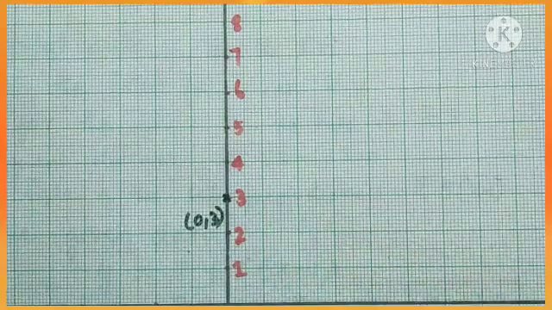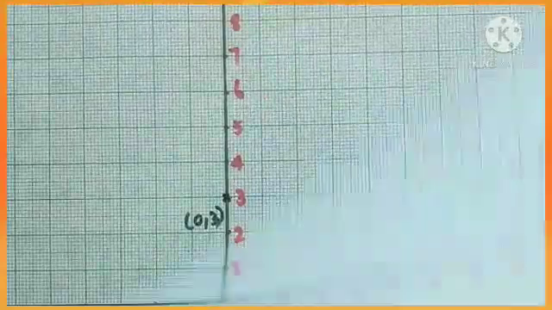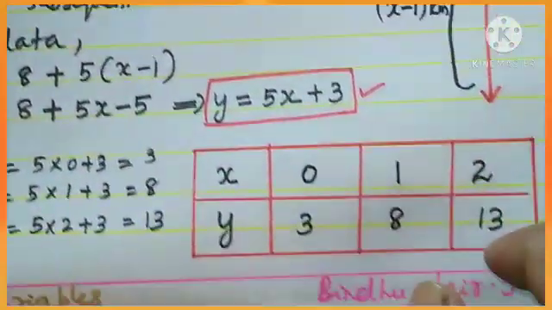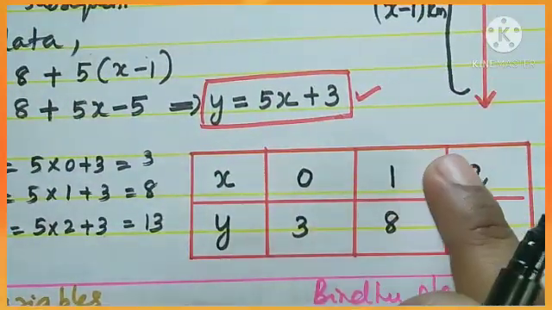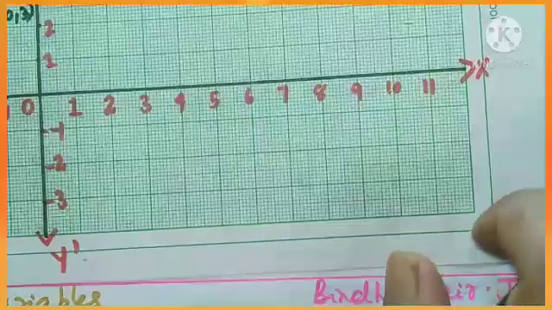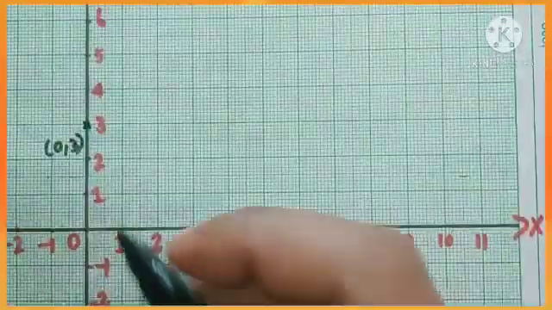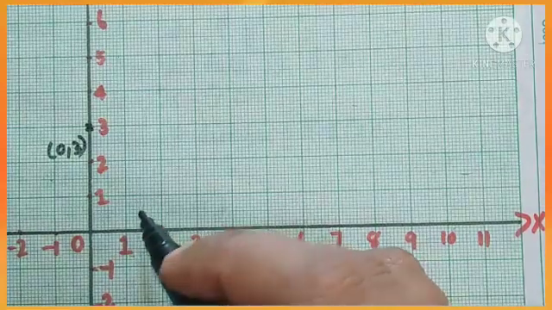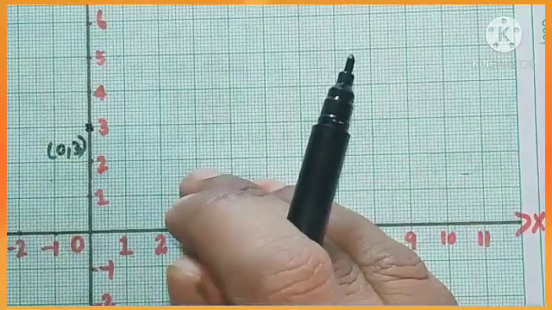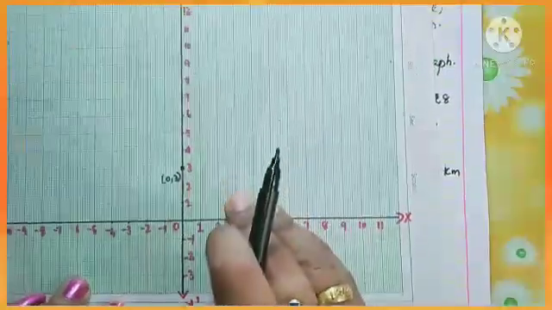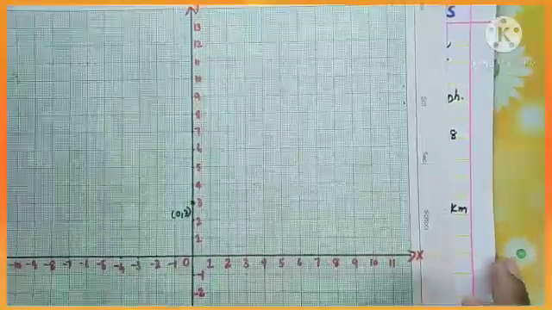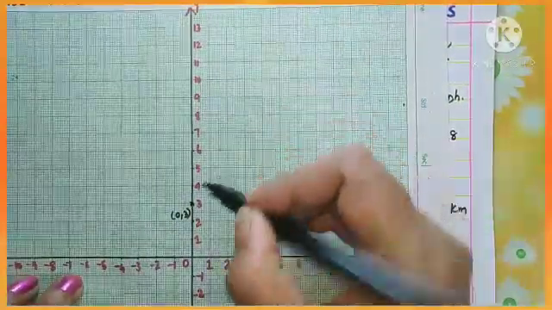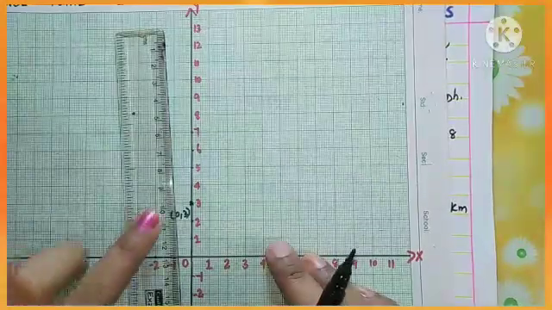Now what is our second point, children? The second point is 1 and 8. x 1, y is 8. So where is x 1? Here. X axis 1 is here. Now y is our 8. So y 8 where? So you can use a scale also.